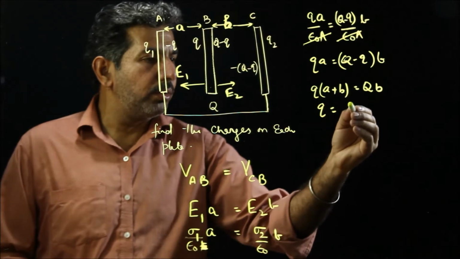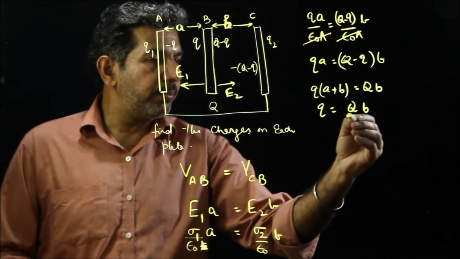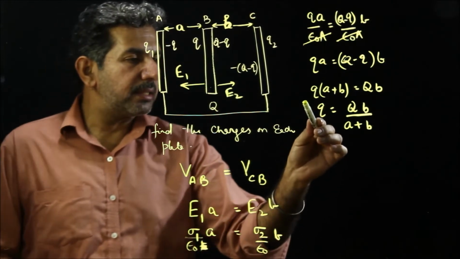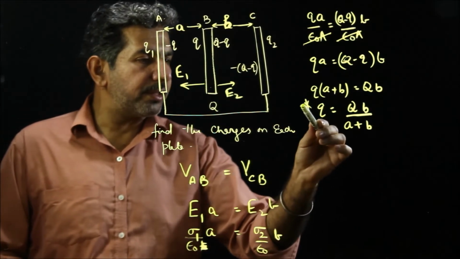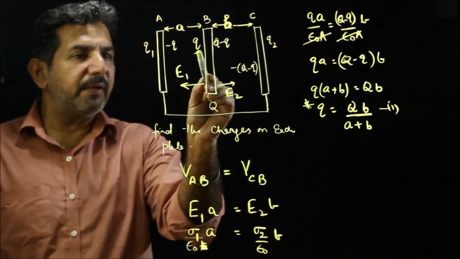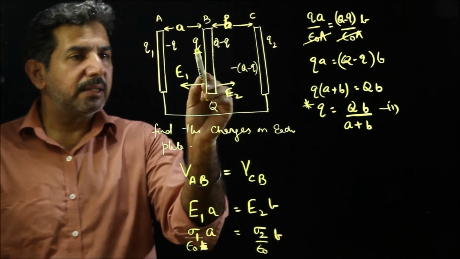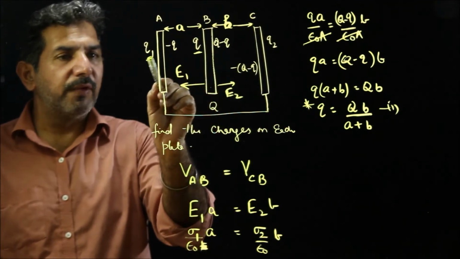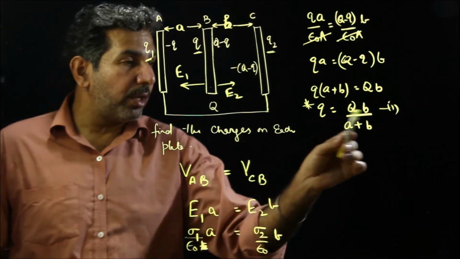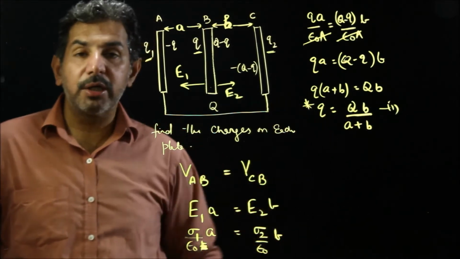So small q is capital Q into b divided by a plus b. So this is the first result that you have got, because you have got three variables here: q, q1 and q2. You have found out the first variable, that is small q.